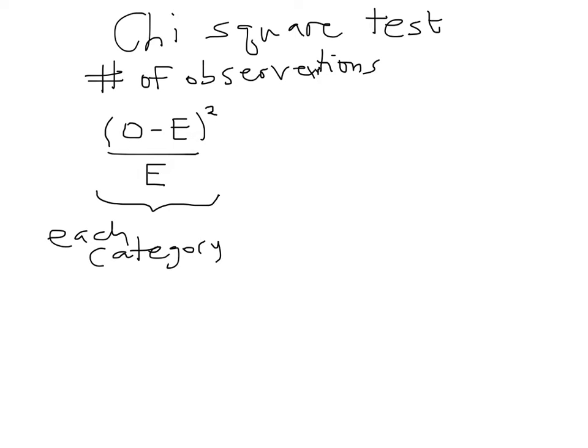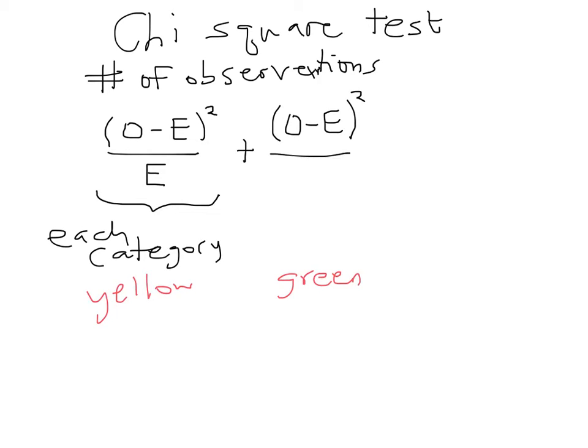He's got yellow, and he's got green. So to conduct this chi-square test, we need to calculate the observed number of yellow pods minus the expected number of yellow pods, squared, over the expected number of yellow pods. And we need to add that to the observed number of green pods minus the expected number of green pods, squared, over the expected number of green pods. That will give us a value called the chi-squared test statistic. That's our first goal.